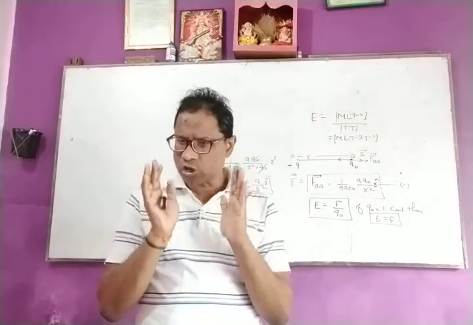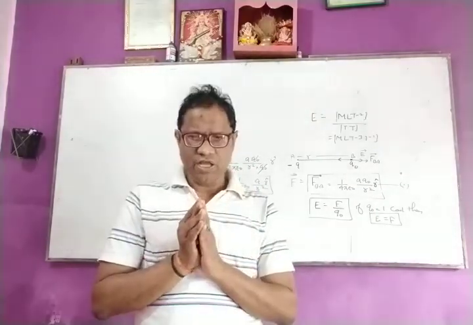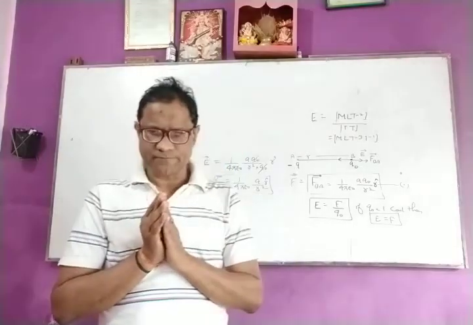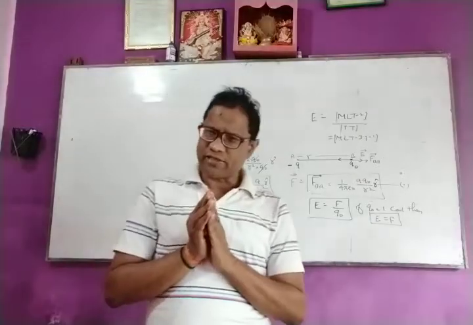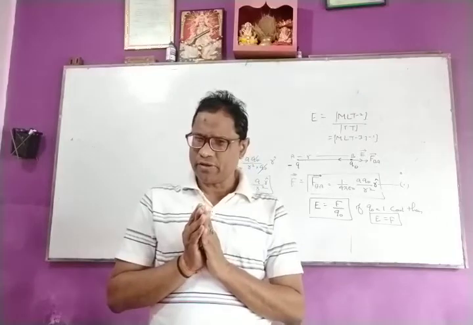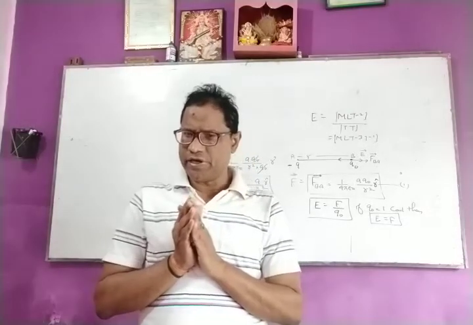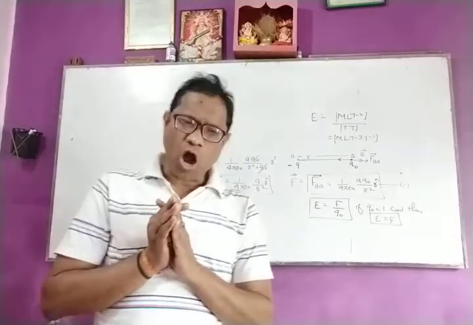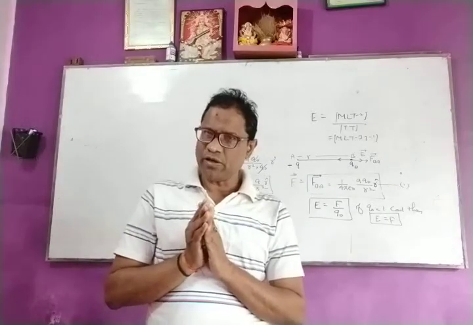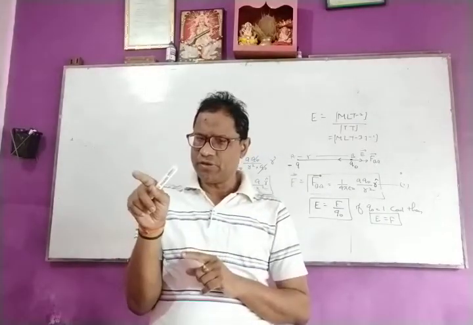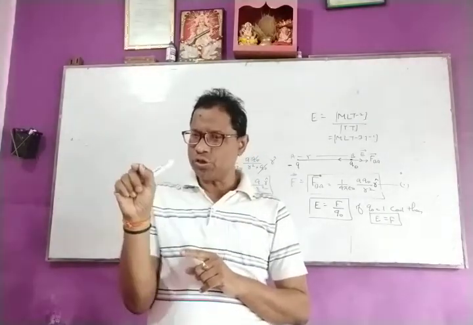The direction of electric field intensity is along the increasing direction of the r vector, or radially outwards. When r tends to infinity, E tends to 0.